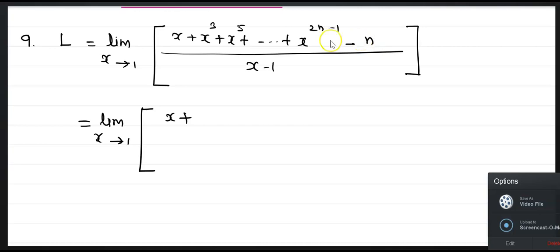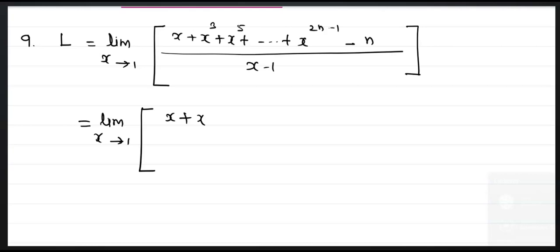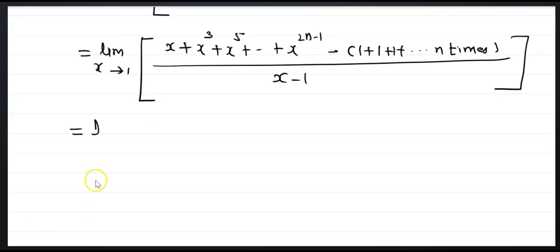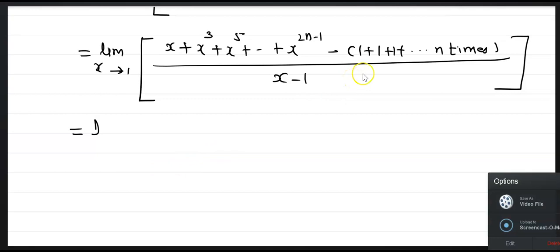Now that 1 will be taken for each of these x, x cube, x raised to 5. And we will solve the example. This is the n times. We can write it like this. Minus n means 1 plus 1 plus up to n times upon x minus 1.